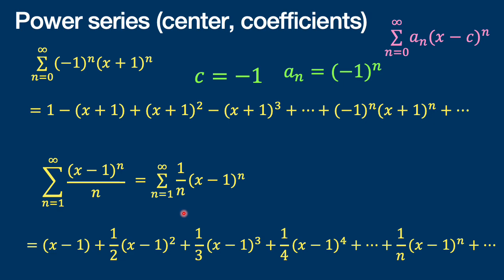What is a_n? Let's expand the power series. n equals 1: (x minus 1) to the first. n equals 2: 1 over 2 times (x minus 1) squared. n equals 3: 1 over 3 times (x minus 1) cubed. So what is the center? Center is 1. a_n is 1 over n. So look at the first example: x plus 1, center is negative 1; x minus 1, center is 1.